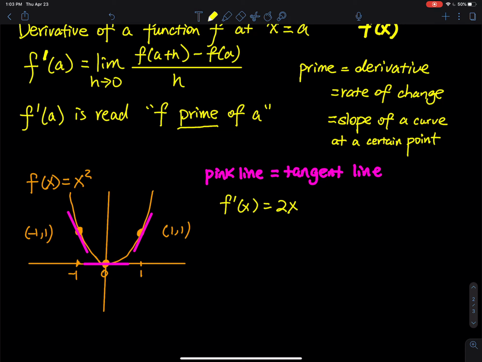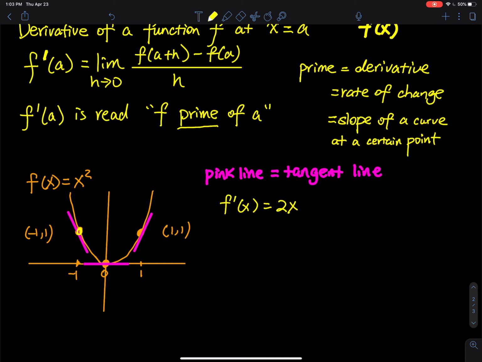Can you find the slope for me? At this orange point, there is 1 point. Based on what I learned in algebra, if you have 1 point, you cannot find the slope, because to find the slope of a straight line, I need 2 points. But after you study this, all you need to have is 1 point.